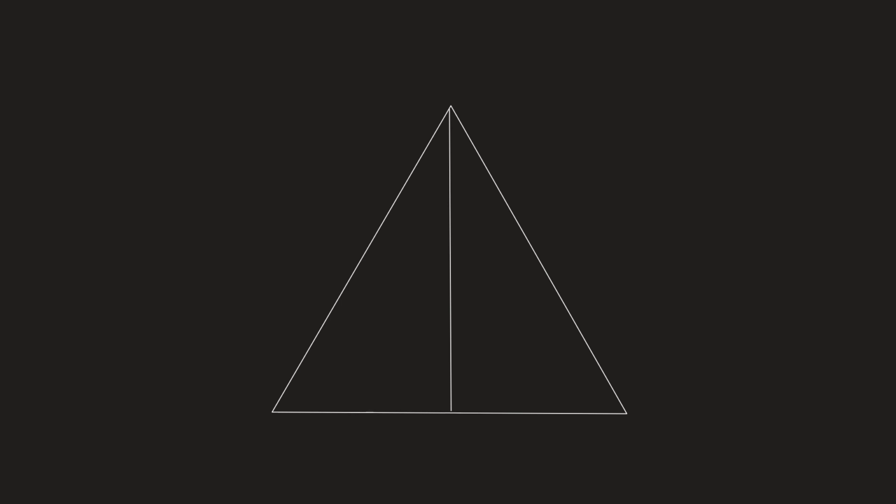It looks like there's an altitude that's been drawn from the very top to the midpoint of the side. Would you guys agree that this appears to be an equilateral triangle? So there's a certain amount of symmetry already inherent in that. And let's see, I'll have another one here.